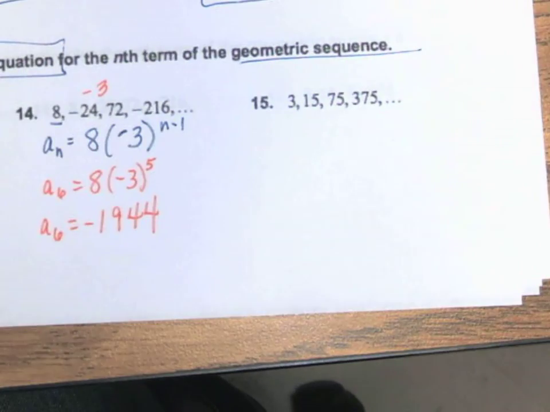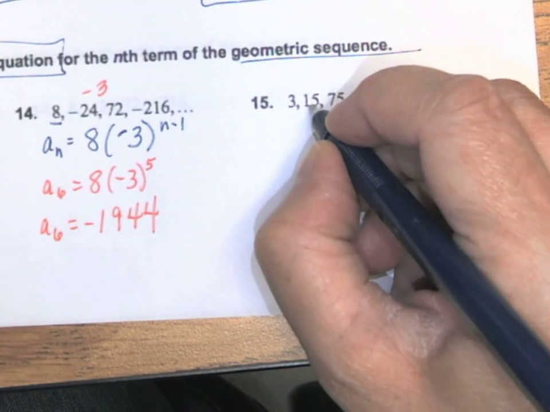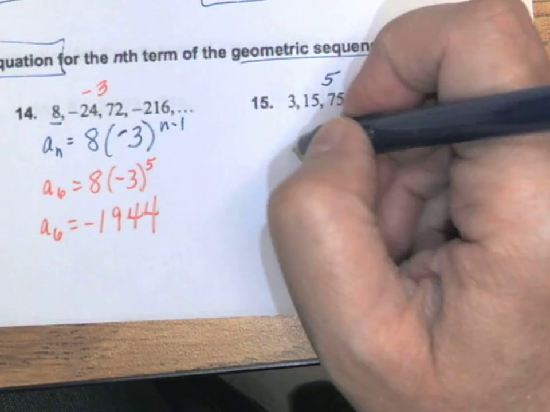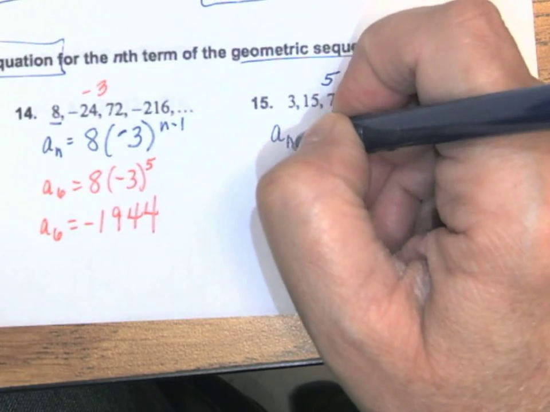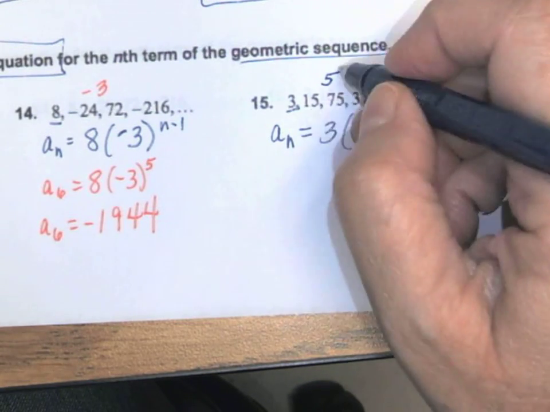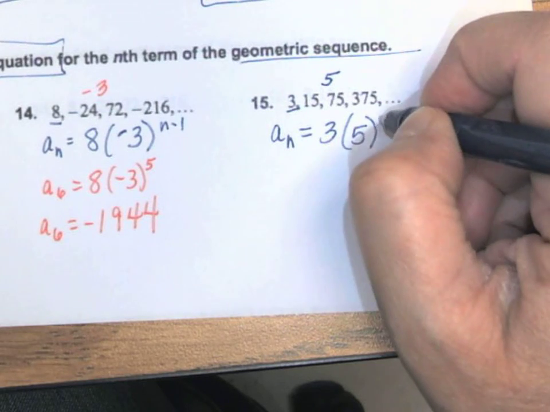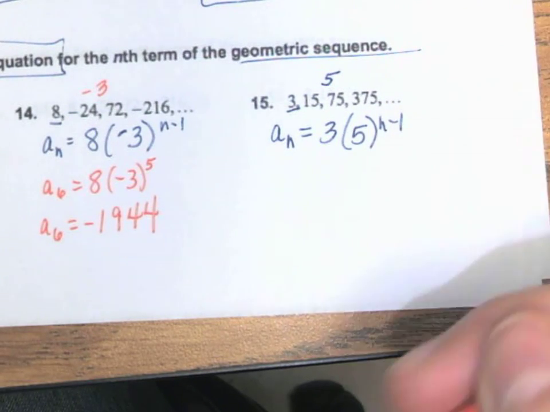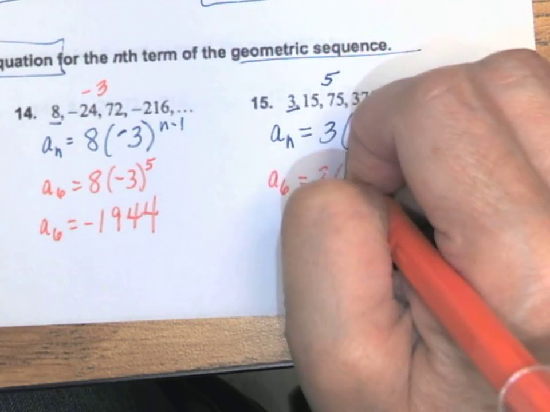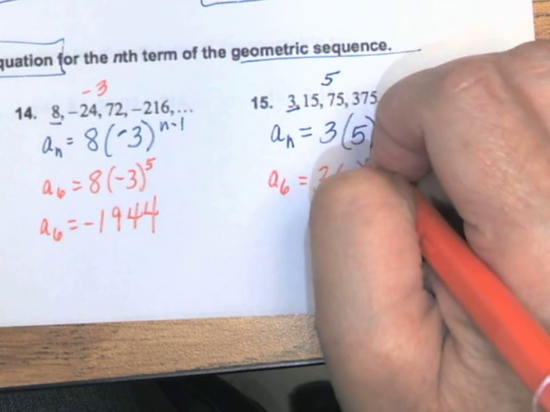When x is 6, the 6th term is -1944. This one's multiplying. 3 times 5 is 15. 15 times 5 is 75, etc. So the common ratio is 5. A sub n equals first term times common ratio to the n minus 1. So a sub 6 equals first term times common ratio to the 5 power.